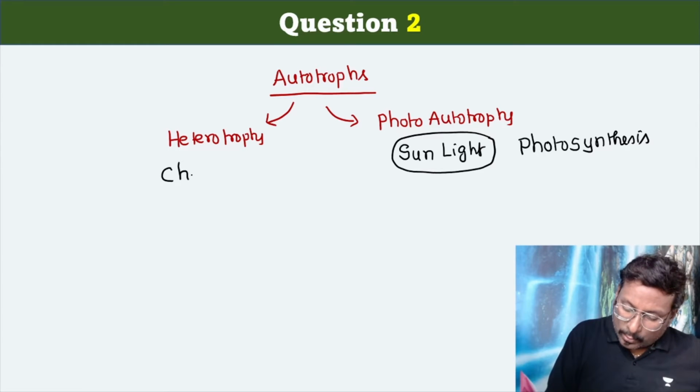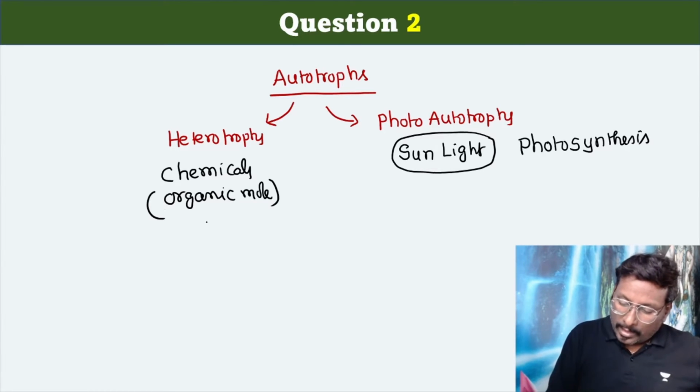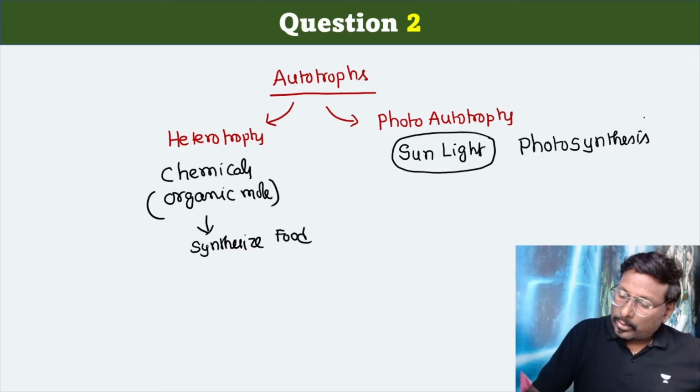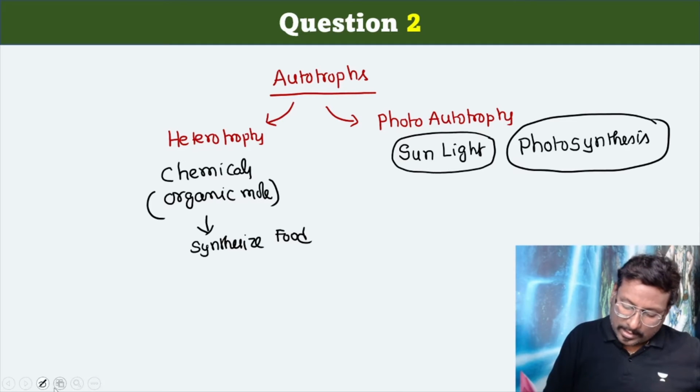If the energy source is chemical, organic molecules, then they synthesize food. In photoautotrophs, photosynthesis is the process for synthesis of food.